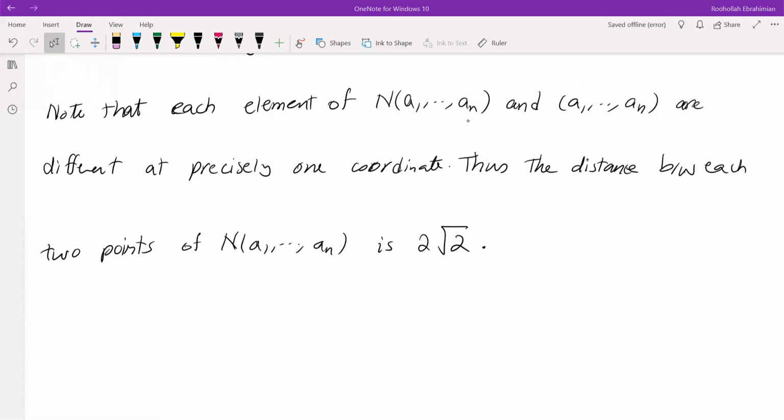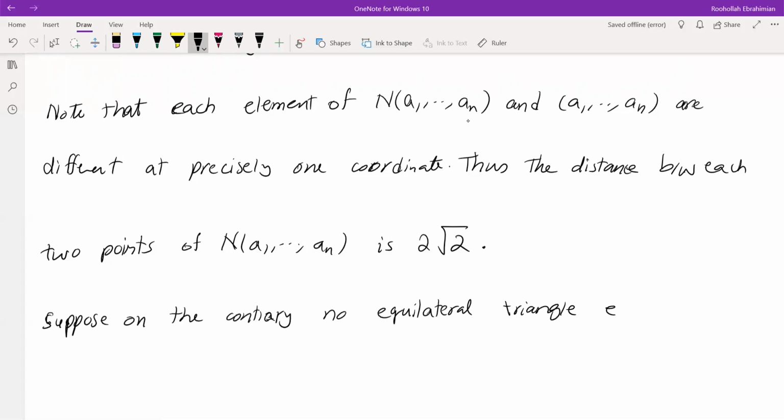Okay, so suppose on the contrary, no equilateral triangle exists in the selected points.